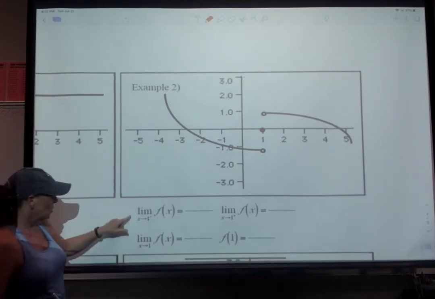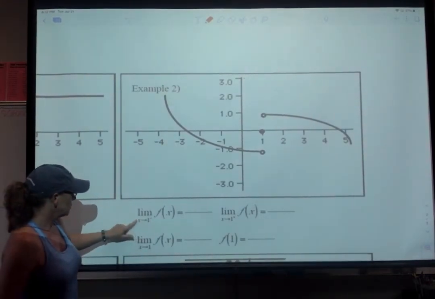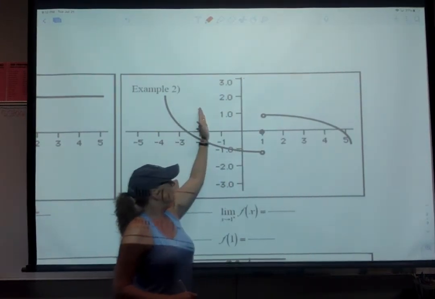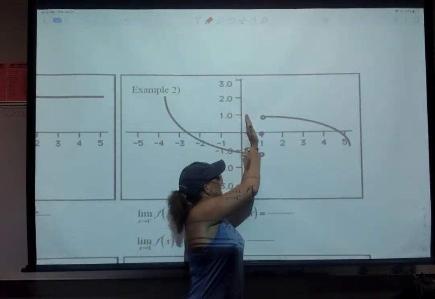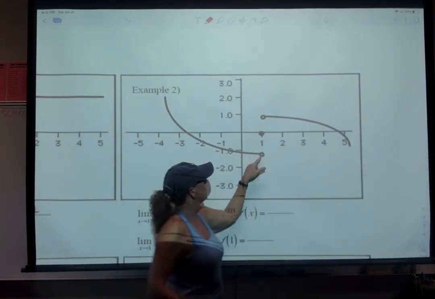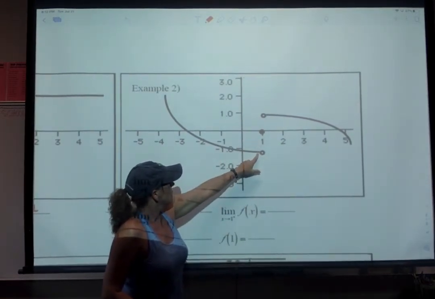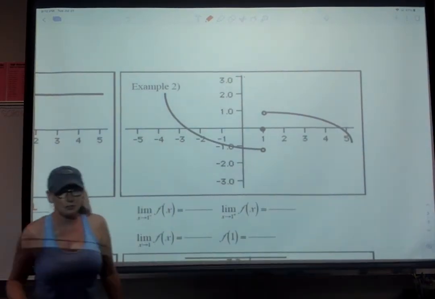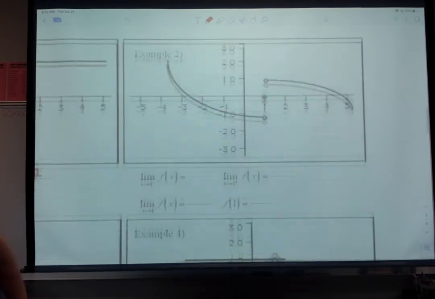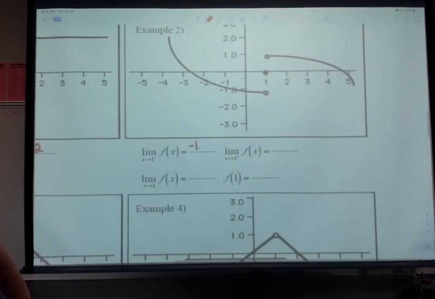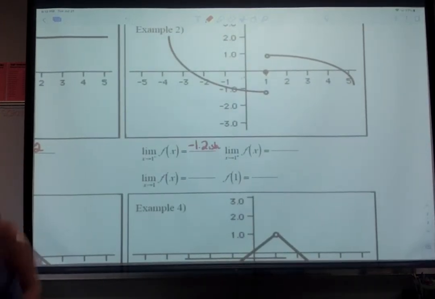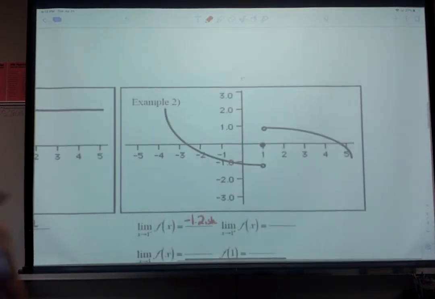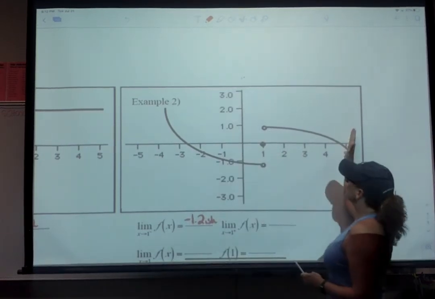Okay, number 2. We're still approaching 1. So the limit as x approaches 1 from the left. So I'm going to jump to the left. I'm approaching 1. It looks like my y values are getting lower and lower and lower, maybe like negative 1.2-ish, something like that. The graph's a little weird. From the right, so here's 1, jump to the right.